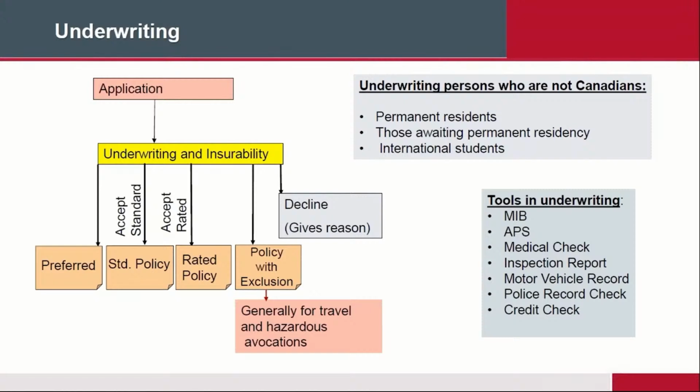On the left side of your screen, you'll see preferred. And we talked about that a little bit before. If you're prepared to give us additional medical information, and we discover that you take very good care of yourself, your height and weight are right, you don't smoke, you don't drink, all that sort of stuff, we could in fact give you a better rate than a standard policy.